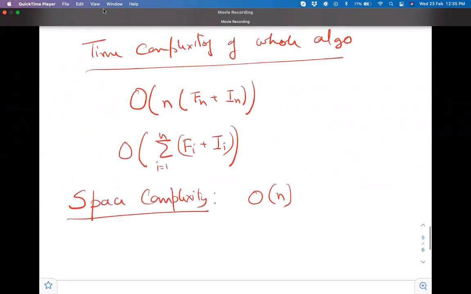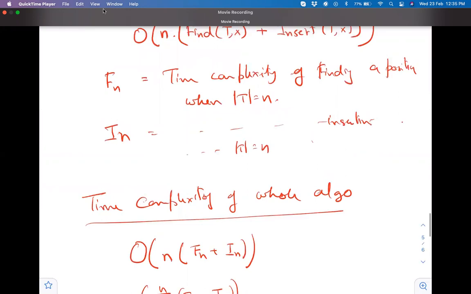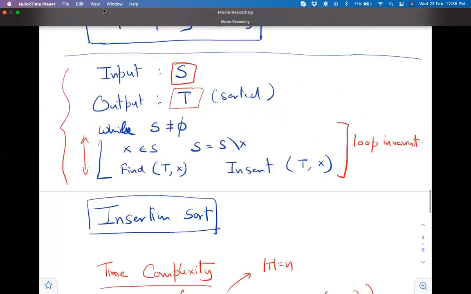But maybe we don't need to use T separately, because as S is going down, T is going up. So maybe I can use both of them together, and all that matters is S plus T. Can I somehow use the space that S is losing to create the things that T is gaining?